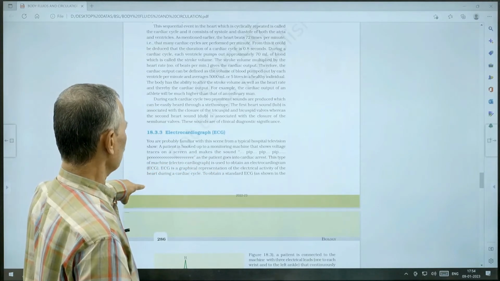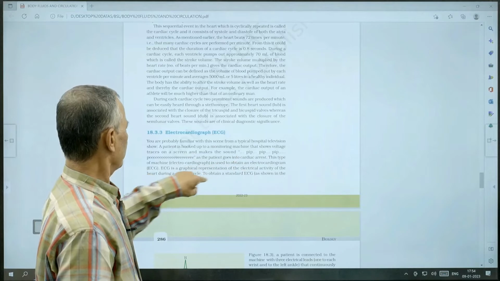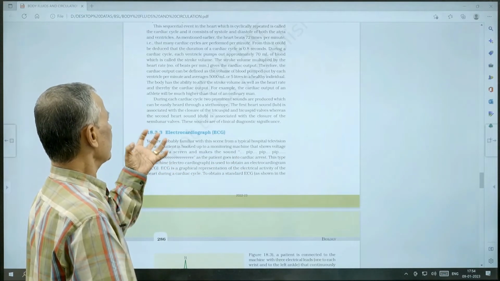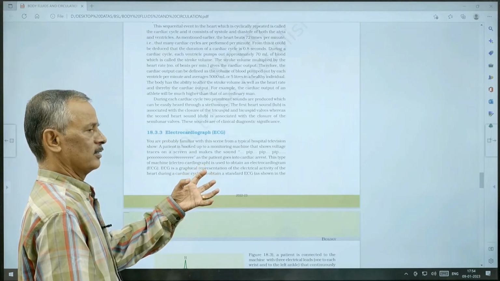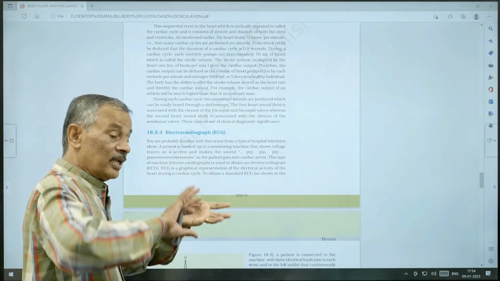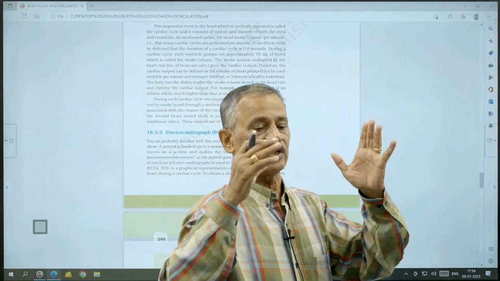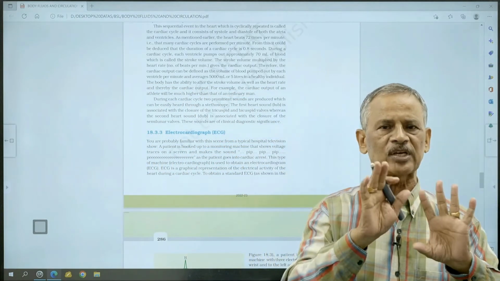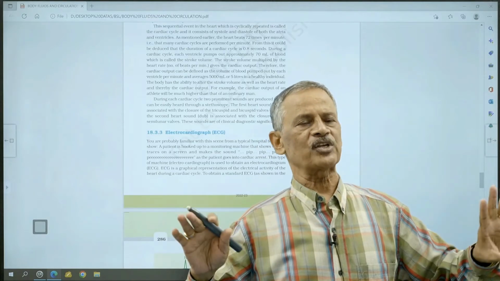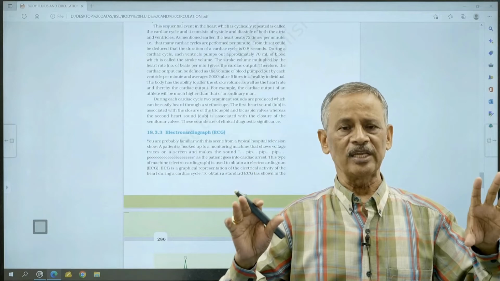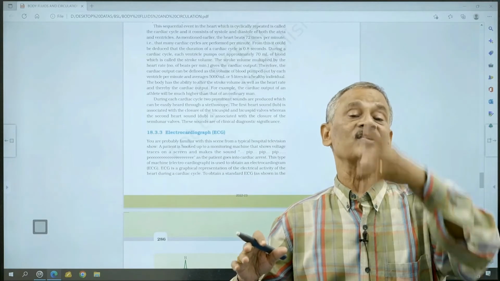That graph is called an electrocardiogram or ECG. This ECG is a graphical representation of what? The electrical disturbances that are occurring on the walls of the heart. We are not measuring the contraction. We are not measuring the diastole or systole. What we are getting is the electrical changes that are occurring.